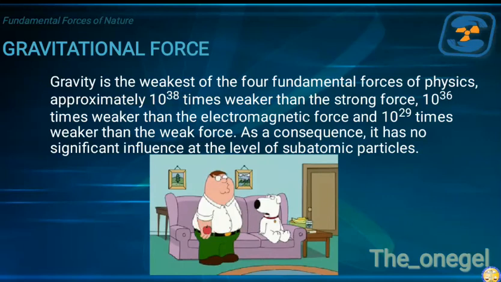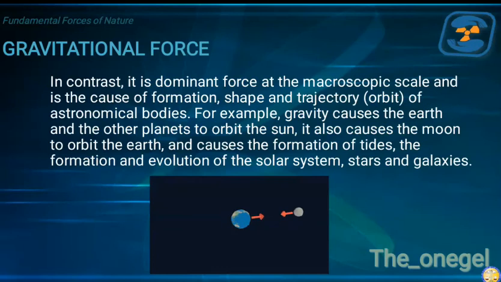Okay? In contrast, it is the dominant force at the macroscopic scale and is the cause of formation, shape, and trajectory or orbit of astronomical bodies. For example, gravity causes the Earth and other planets to orbit the Sun. It also causes the Moon to orbit the Earth and causes the formation of tides, the formation and evolution of the solar system, stars, and galaxies.